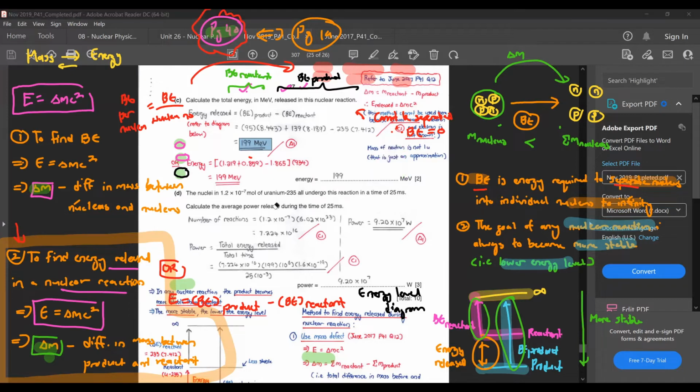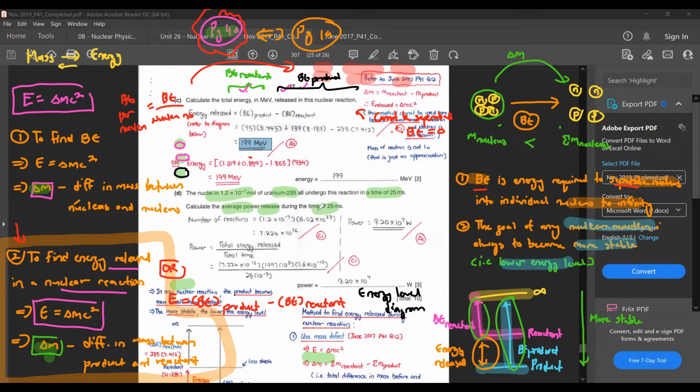Then after that you look at part D. Part D, I think, is pretty straightforward. For part D, they tell you that the nuclei in 1.2 times 10 power minus 7 moles of uranium-235 all undergo the reaction in a time of 25 milliseconds. Calculate the average power released during a time of 25 milliseconds.